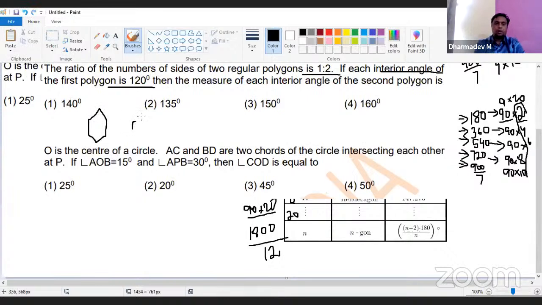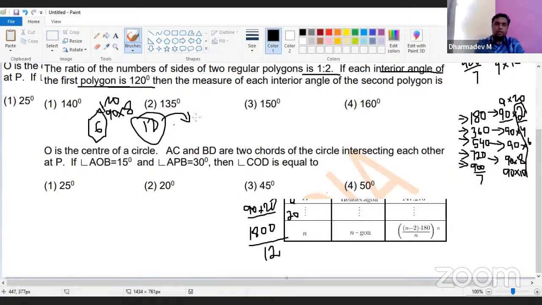1, 2, 3, 4, 5. It makes the polygon of 12. So this is of 6. This makes each angle 120. So it is given here, the first polygon is 120. Then what would it be for 12? This is 90 times 8.